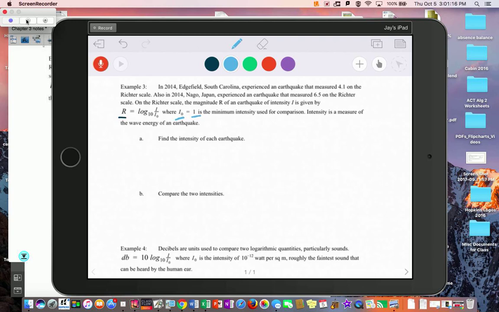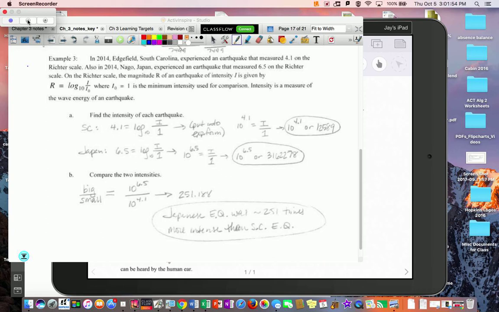So for the first one, the 4.1, this is South Carolina, it was a 4.1 is equal to log base 10 of I, which I don't know how intense it was, divided by I sub 0, which is 1. So we can start this off by rewriting it. 10 to the 4.1 is equal to I over 1.